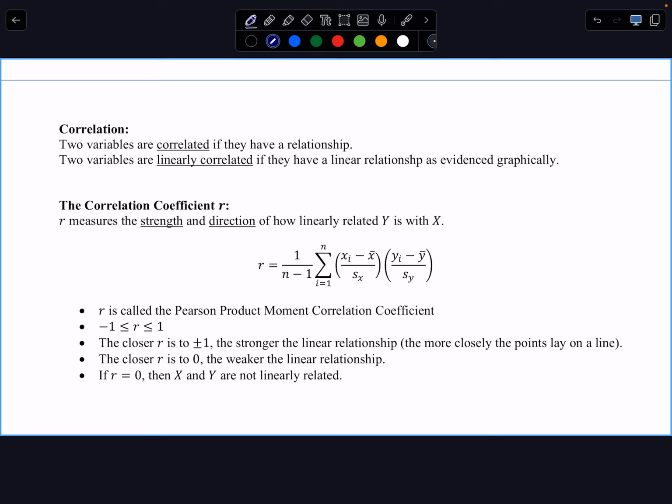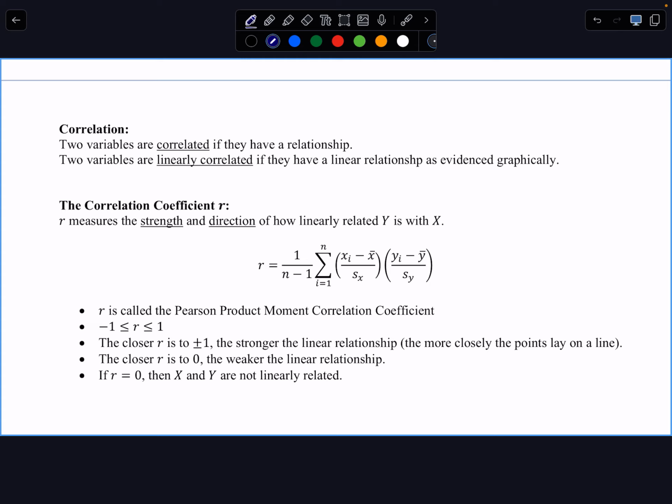Two variables are linearly correlated if they have a linear relationship as evidenced graphically. So when we do that scatter plot, a line of best fit fits the data. That's what we're interested in. We're usually not interested in nonlinear relationships. It's harder to model things non-linearly, and so we're going to talk about the simplest type of model that we can create to relate two variables.